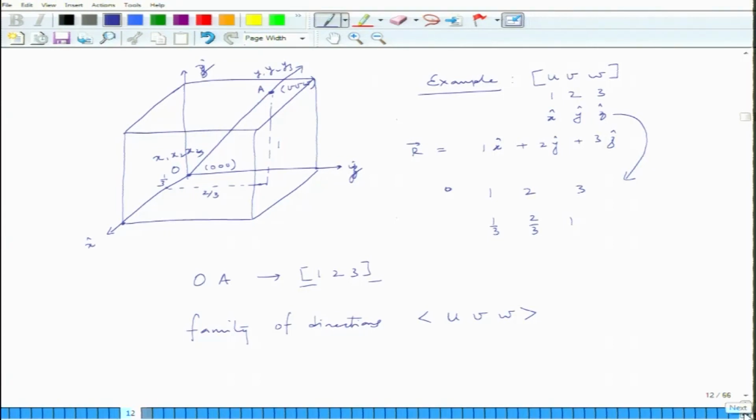So, we will finish this lecture here, and in the next lecture we will look at some more examples of how we draw the directions, and we will also look at a slightly different system, which is the hexagonal system. In the hexagonal system, directions and planes can be drawn in a different manner, because they can be depicted in 4 digits rather than 3 digits.